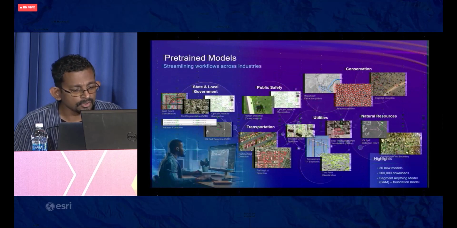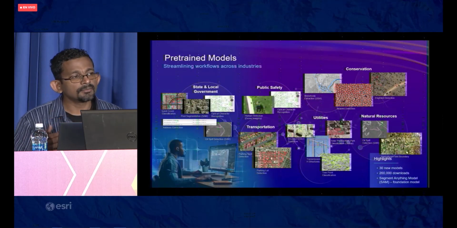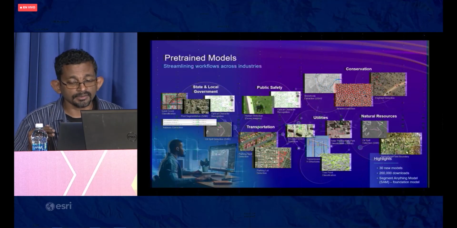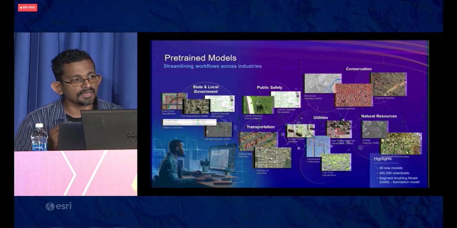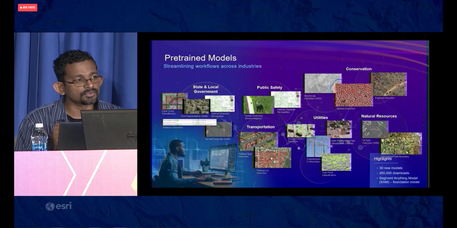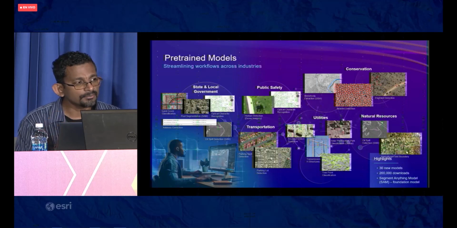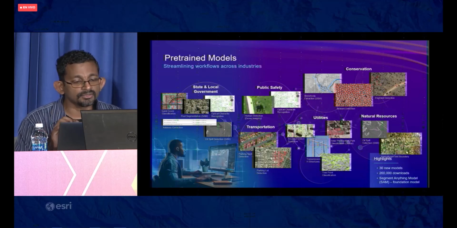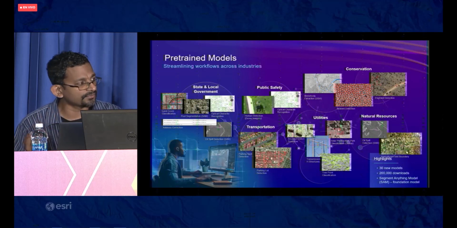Next is pre-trained models. With pre-trained models, what we're trying to do is democratize AI and make it easier and more accessible for our users, making AI more approachable. With this, our users don't have to shy away from the concept of AI. You bring in your imagery, you use these pre-trained models, and you can extract features.